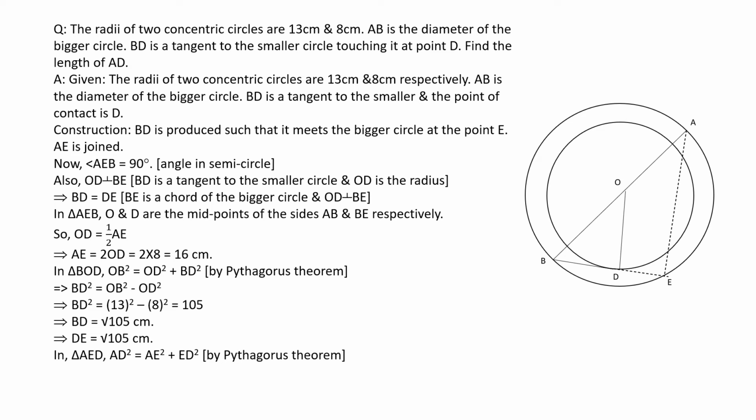Now in triangle AED, AD square equals AE square plus ED square, which is 256 plus 105, which is 361, so AD equals 19 centimeter. The answer.